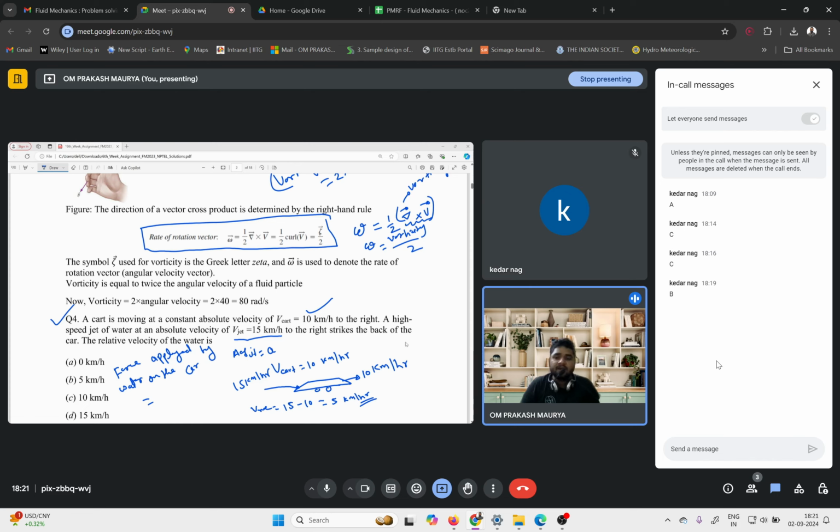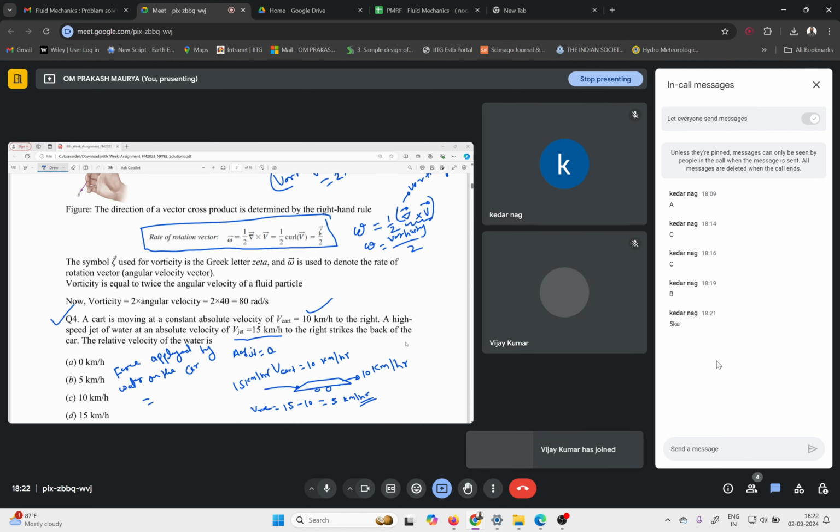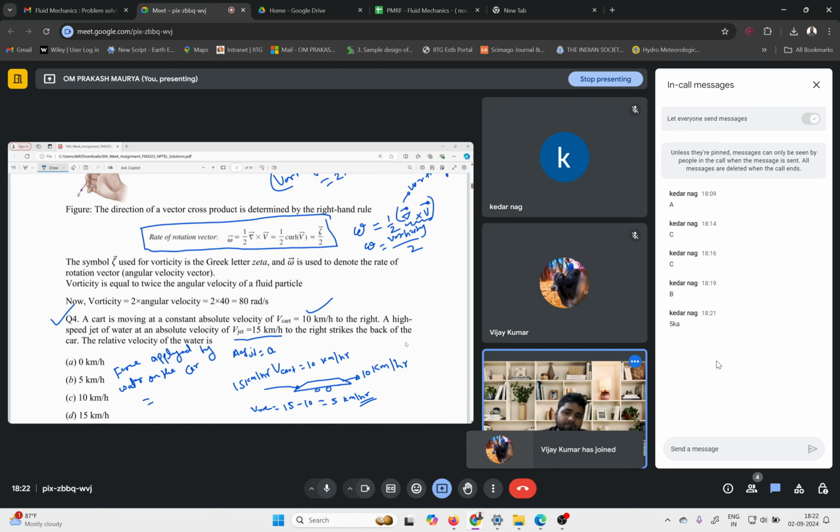So the force applied by the water jet on the car, okay, 5 kA. What is K here? You can write here. Vijay, you can see question number 4 and try to give your answer.